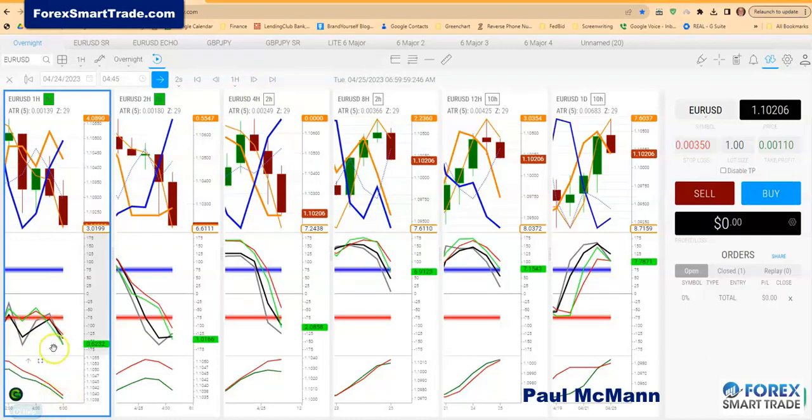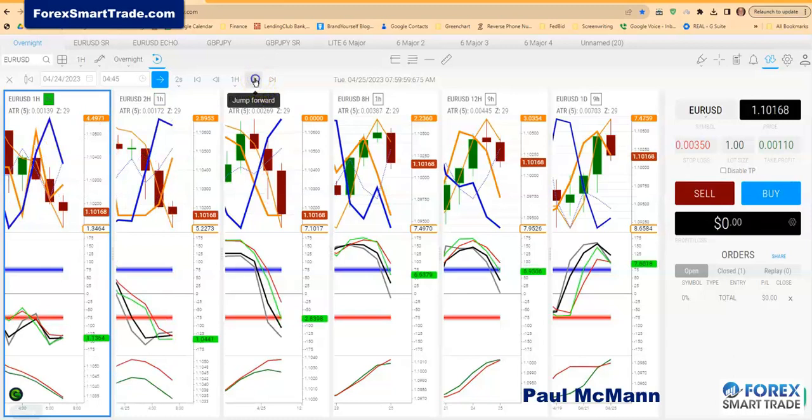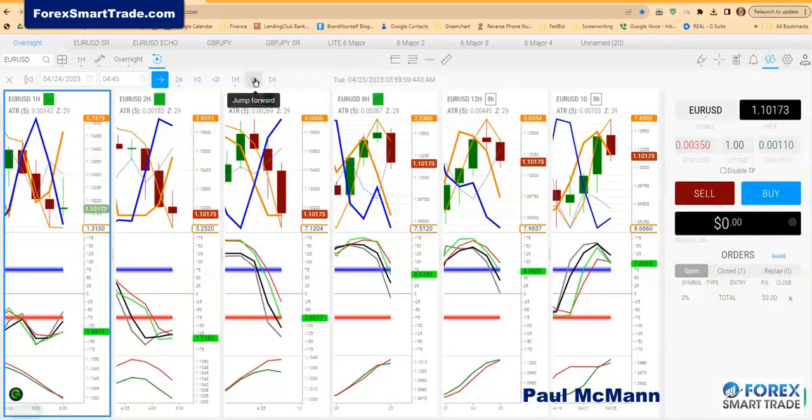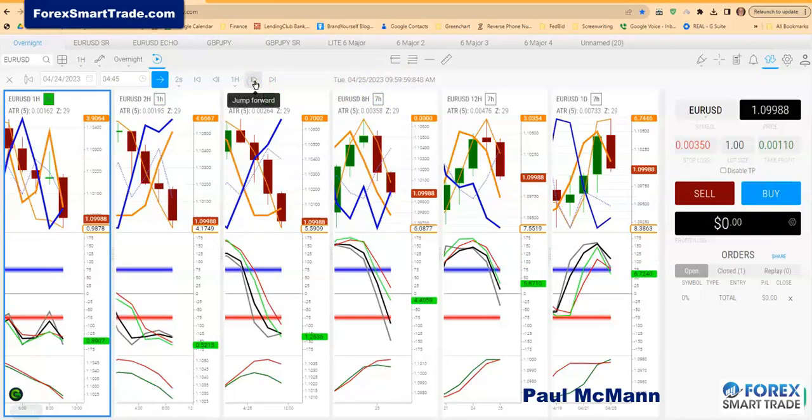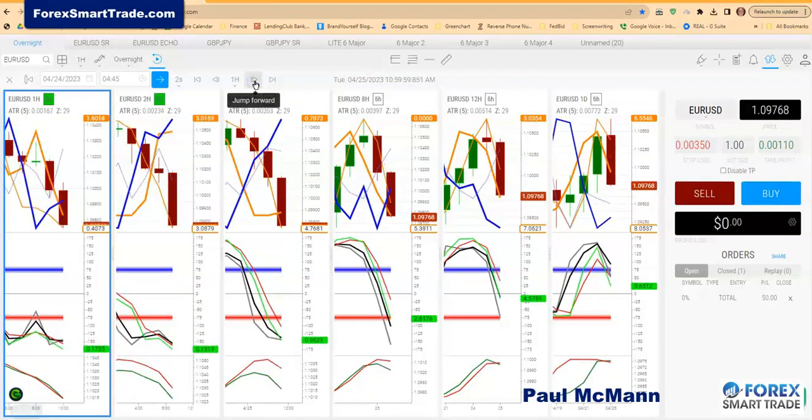All right, so more down, down, down, down. So nothing, nothing. Nothing. We don't really have the double cross here, and I don't like the steepness of the green line. Nothing.